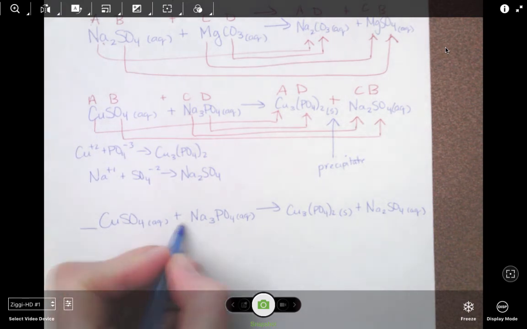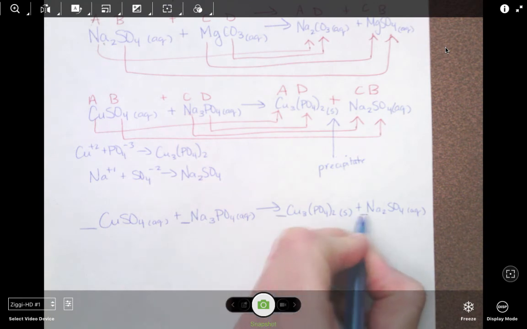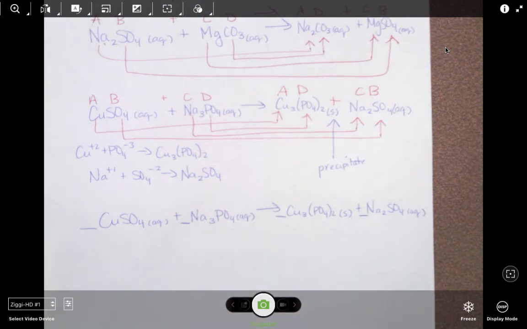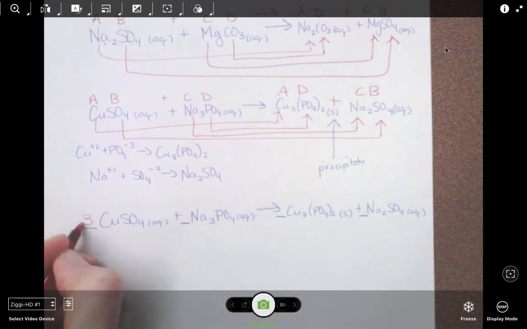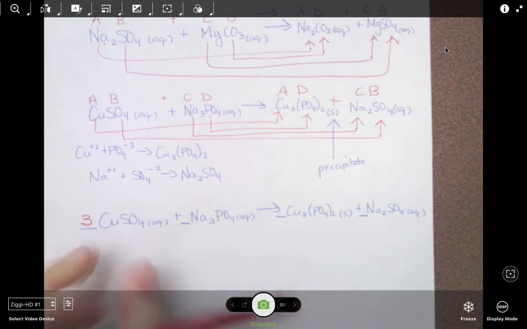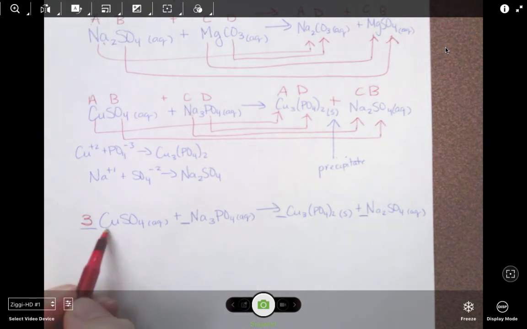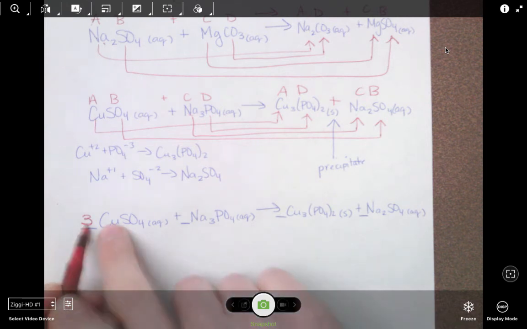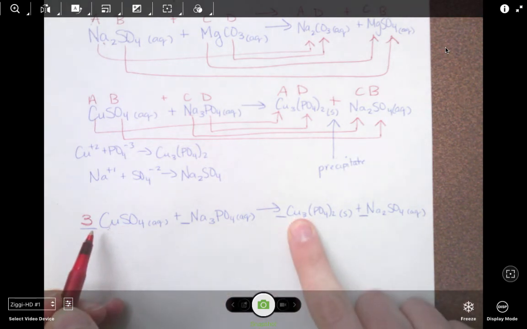And so what I'm going to do is put lines in front of each of the compounds, and then I'm just going to go through and count them. Make sure that the elements are in equal quantities on each side of the reaction. So in my reactants, I have 1 copper. In my product, I have 3 coppers. So I'm going to put the number 3 in front of copper sulfate, and this 3 is going to distribute to the copper. So now I have 3 coppers here and 3 coppers here.